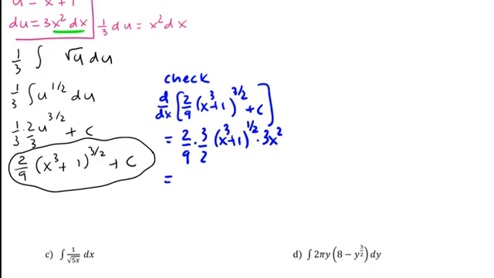If I clean this up, let's see, the 2's cancel, 3 times 3 is 9, over 9 is 1, and then I have x squared times (x cubed plus 1) to the 1/2, which, ta-da, that's exactly what we started with.